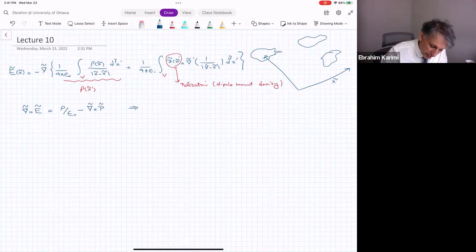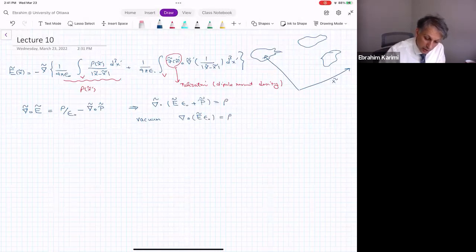And from this expression we got the divergence of epsilon 0 E plus P equal to rho. Remember, for vacuum we had the divergence of E multiplied by epsilon 0 equal to rho, while if we have a material with a certain polarization density, then that polarization density needs to be added to the electric field somehow to give you the charge density in space.